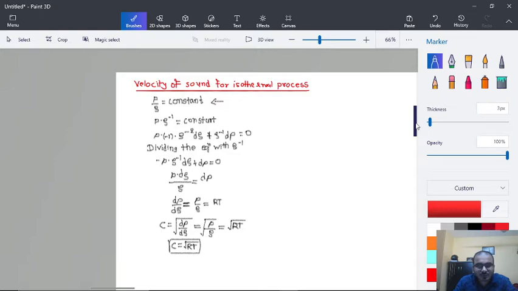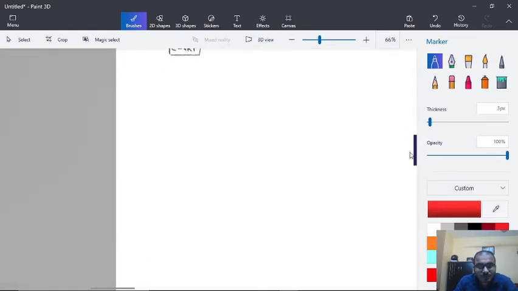So let's move forward with our next theory. Velocity of sound for adiabatic process.